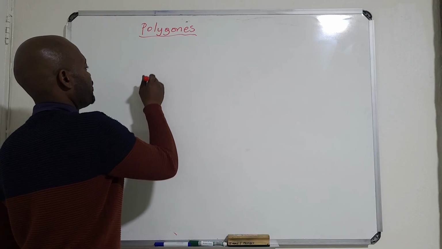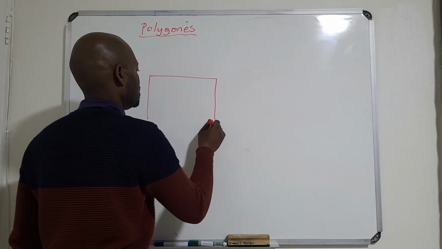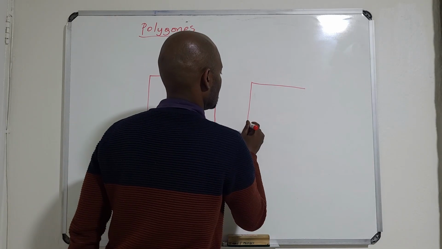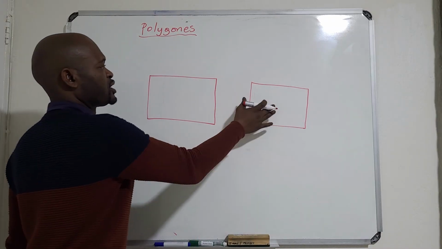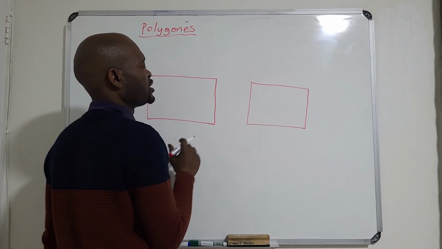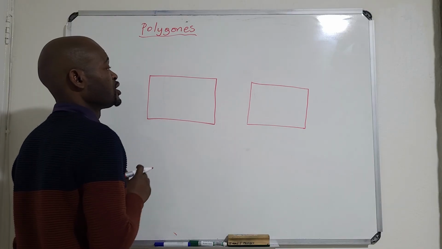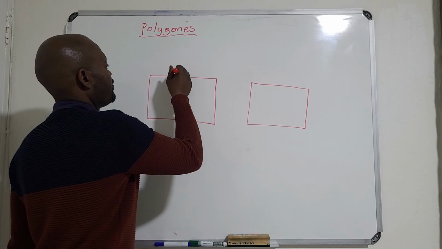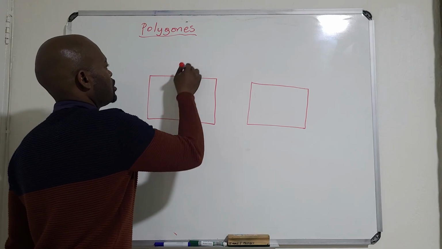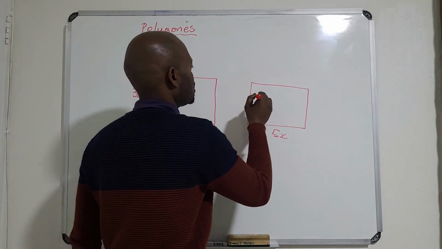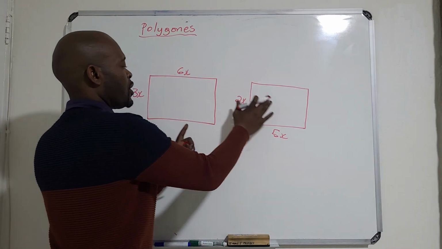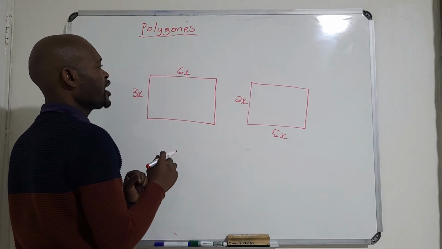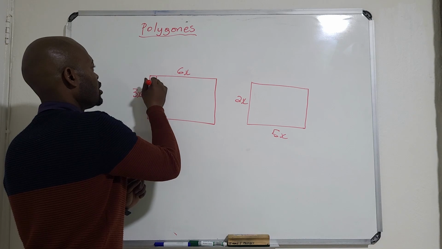If I have a rectangle that's got the same shape but different sizes, we can't conclude that they are similar. If I have these two rectangles, they are not similar.